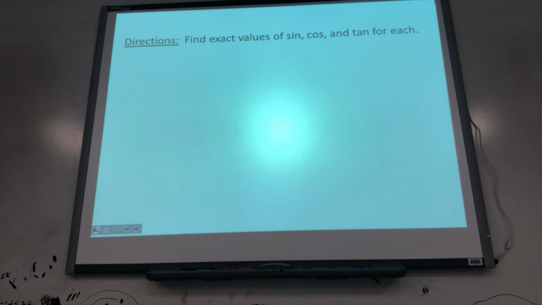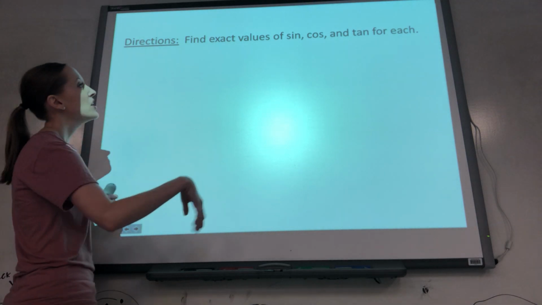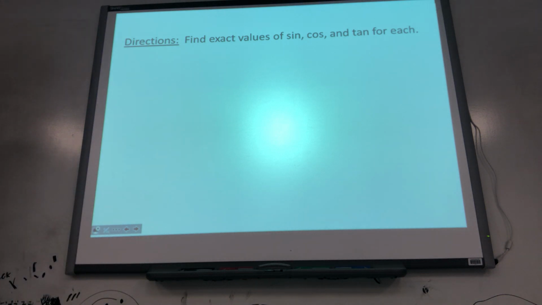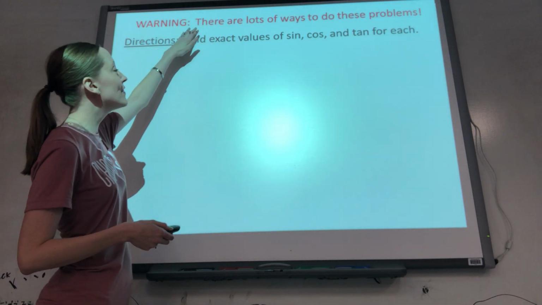These actually are the same directions that you had at the end of the lesson yesterday. That was what the end of the assignment was like too. They gave you something, you had to go through sine, cosine, and tangent. Now, there's one big difference though between what we did yesterday and what we're doing today.